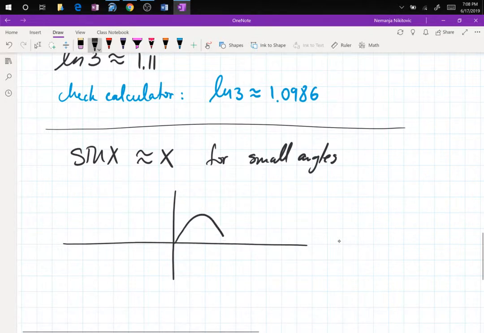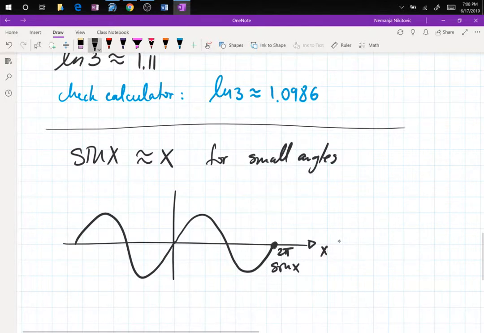So now you have your sine function, which is an infinite wave that does this. And that's your sine x. So now if you call that 2 pi, call that pi, call that 0, pi is 180 degrees. And then the peak is pi over 2, which is 90 degrees.